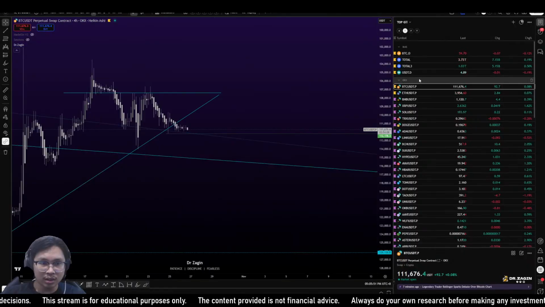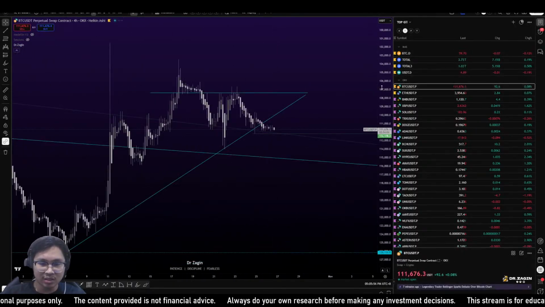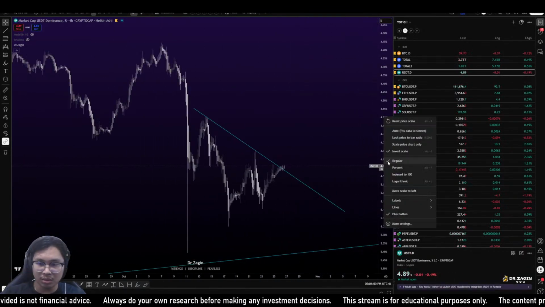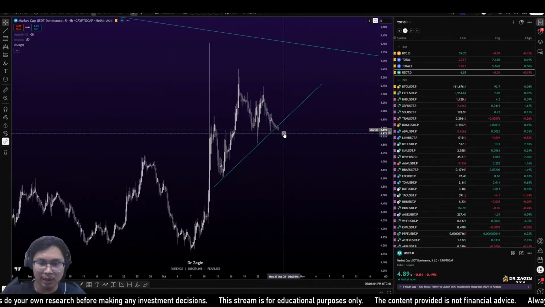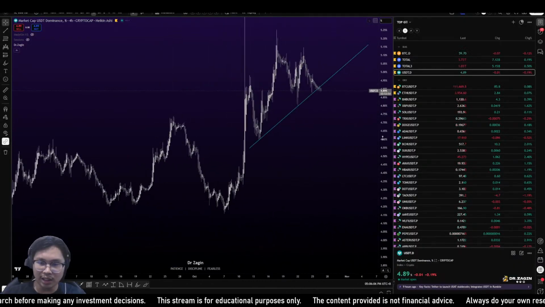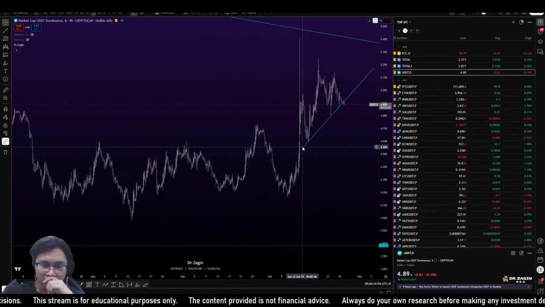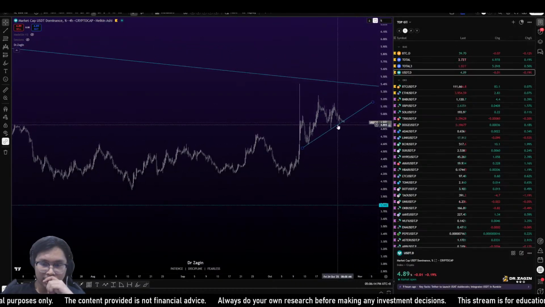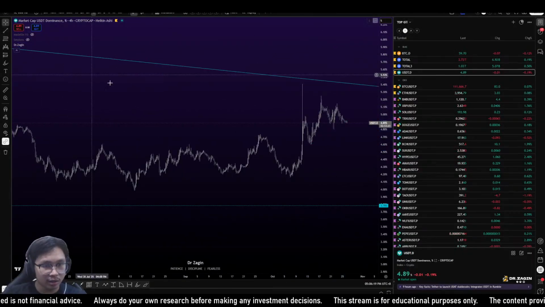You see, you see? Okay, so we are seeing a breakdown at the moment if we consider this as valid, but I don't find this quality trend line. So what we will do is, let's use our horizontal instead.